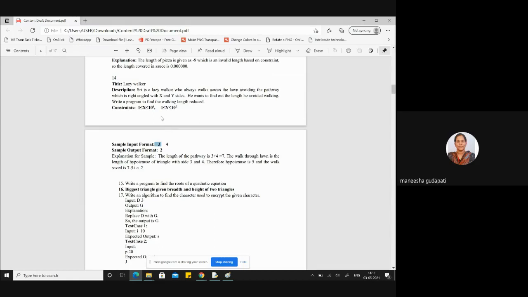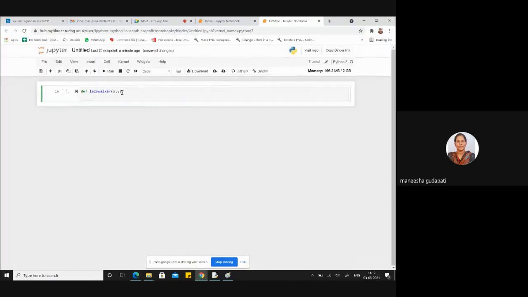Before starting to write the program, the first thing you have to do is check this constraint. This is a must. If they give you any constraints in any placement question, you have to first write code for that constraint, and then within that constraint build your entire program. So what is the constraint they said?